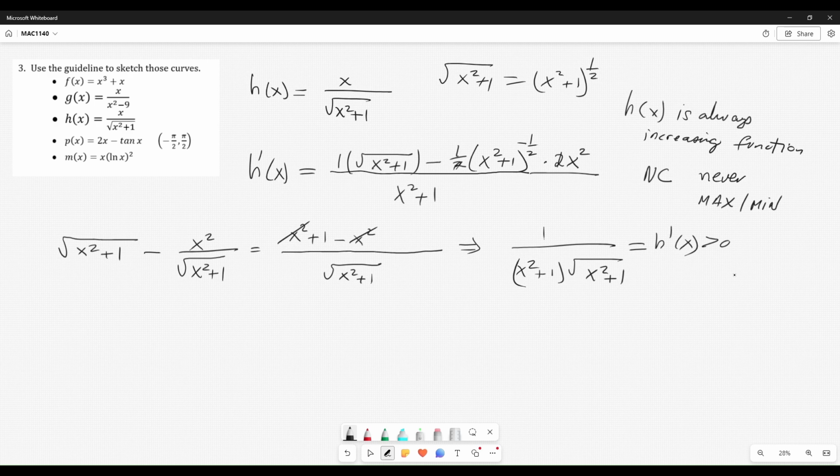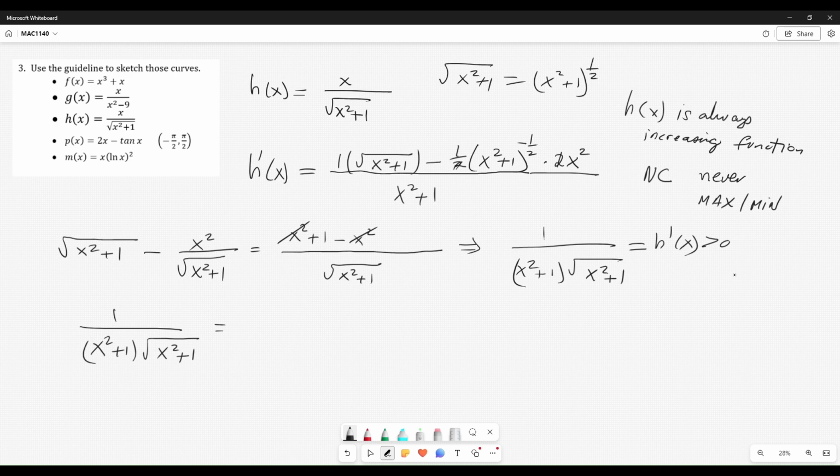Let's go to the second derivative. Okay, entonces now I try to manipulate algebraically here to make it easy. This expression is 1 over x squared plus 1 times square root x squared plus 1. Together, it's the same, no? It's 1 and 1/2 is 3/2.